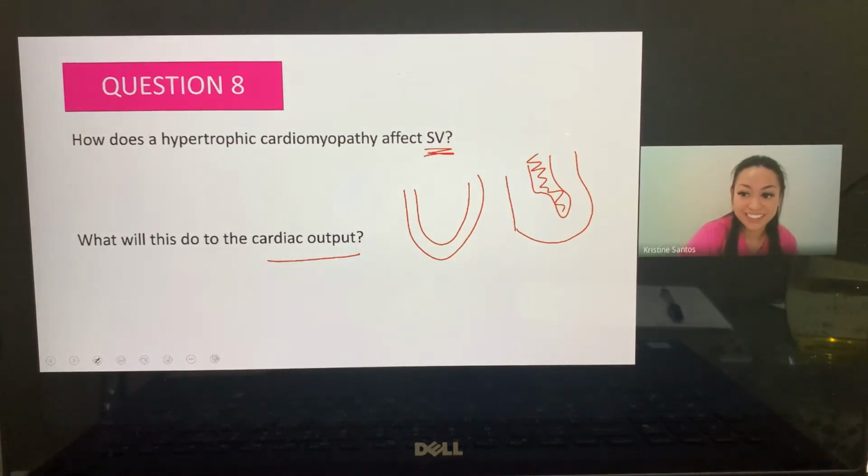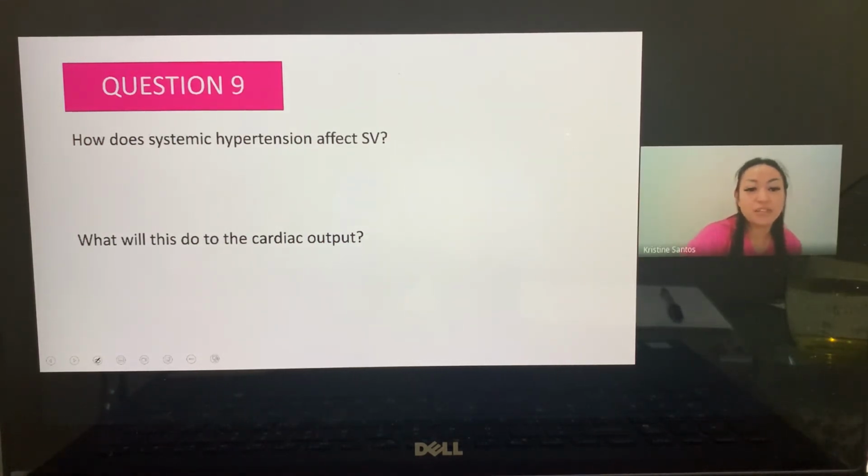Yes. Okay. How does systemic hypertension affect stroke volume? So hypertension in the systemic circulation, not in the lungs. How does that affect stroke volume?